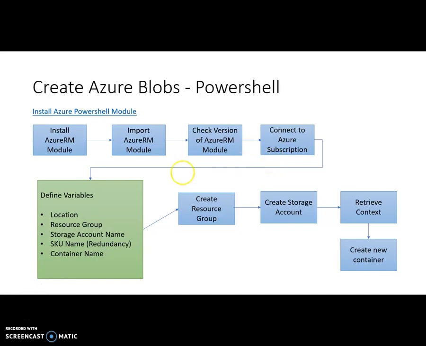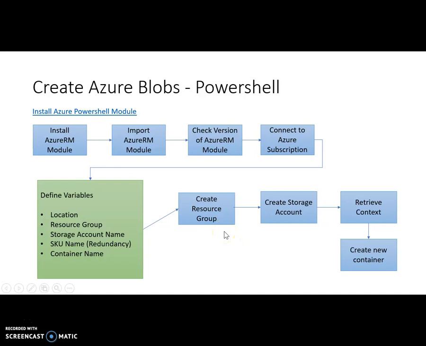Then what you're going to need to do is define the variables used in the later steps. That will be the location of the account, the resource group name, the storage account name that you want to use, the SKU name, which is related to the redundancy, and also the container name, which will contain the blob.